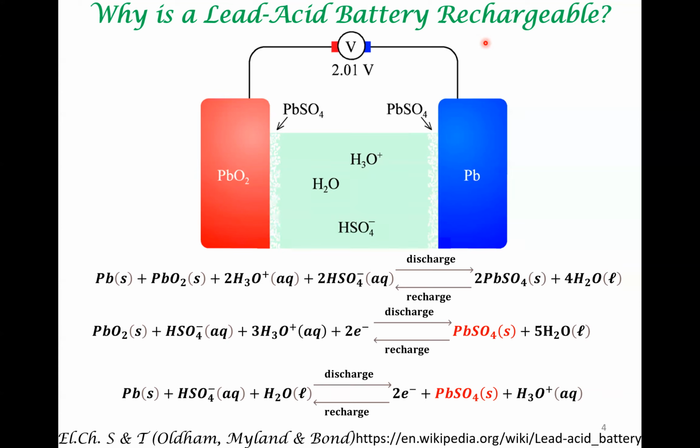In this case, one feature is that we should have a rechargeable system. For that, lead sulfate being minimally soluble in the electrolyte is an important feature. And lead at that time was widely available, so this lead acid battery became a very extensive technology.